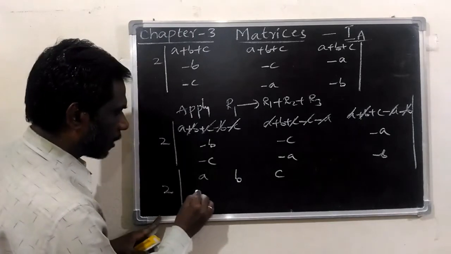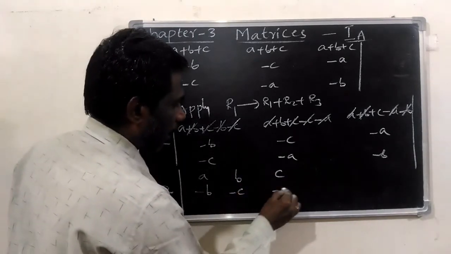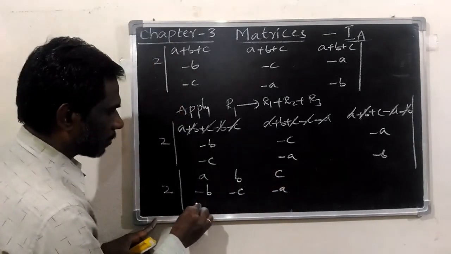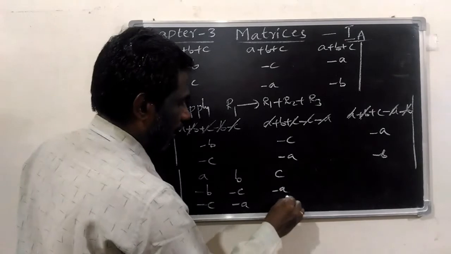And the R2 elements are minus B, minus C and minus A. R3 elements minus C, minus A and minus B.